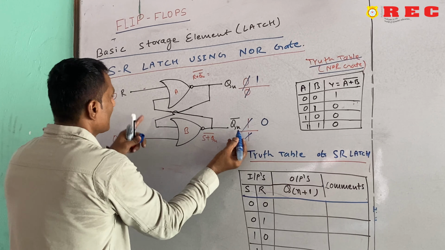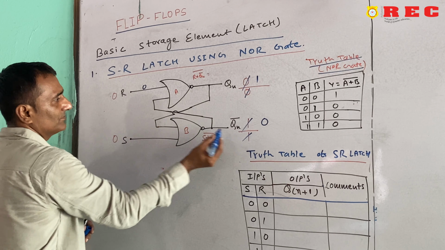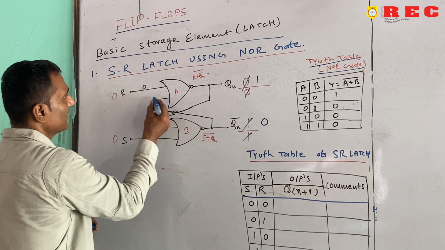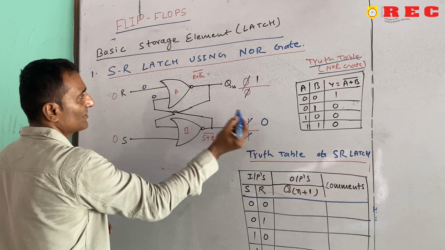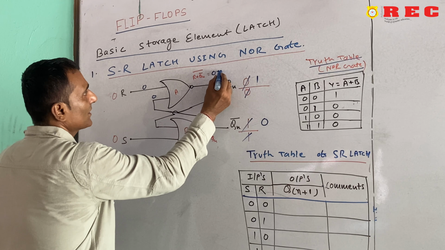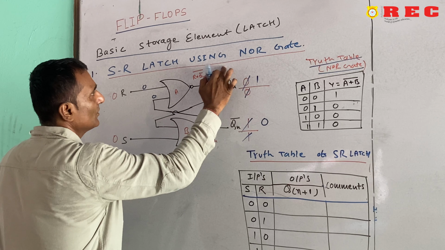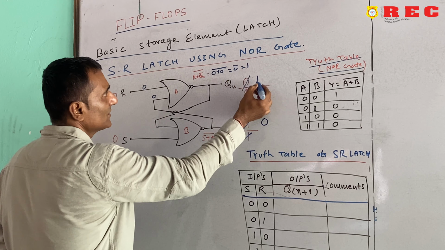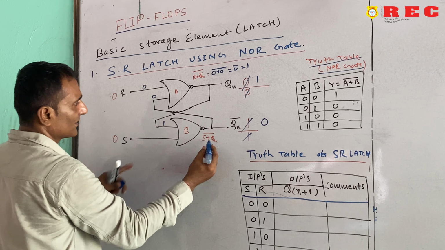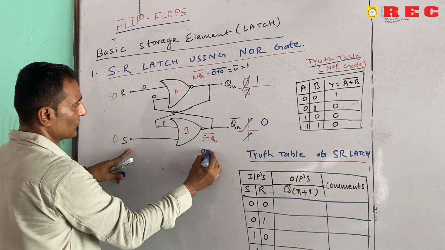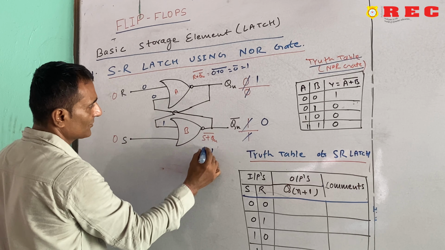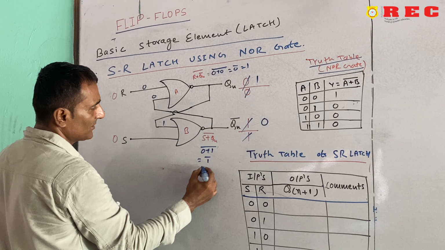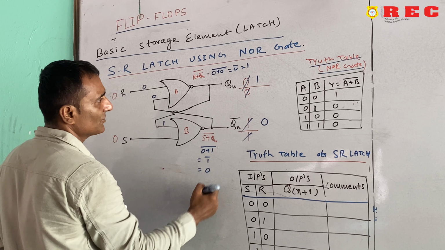Now, this 0 will come here, so 0 plus 0 complement is 0 plus 0, and the complement is 1. And this 1 will come here in this formula. We put S equal to 0 plus Qn equal to 1, whole complement. So, 1 complement is equal to 0. So, this is the 0.